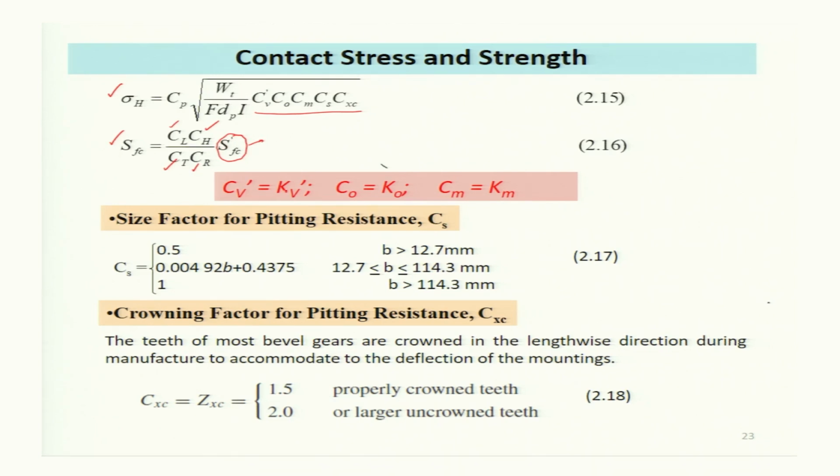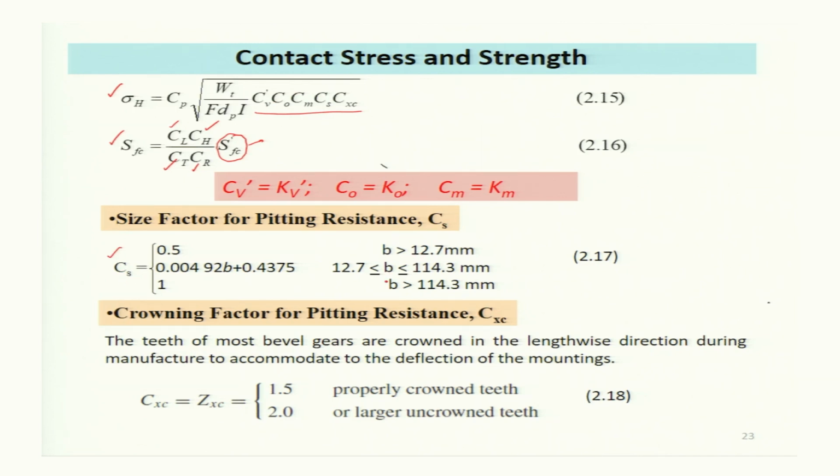Okay. So, in the surface fatigue equation or the Hertzian stress equation, the value of velocity factor, overload factor, mounting factor, they are determined from the bending fatigue analysis. The size factor Cs is different, and it is given from this formula, knowing the face width.